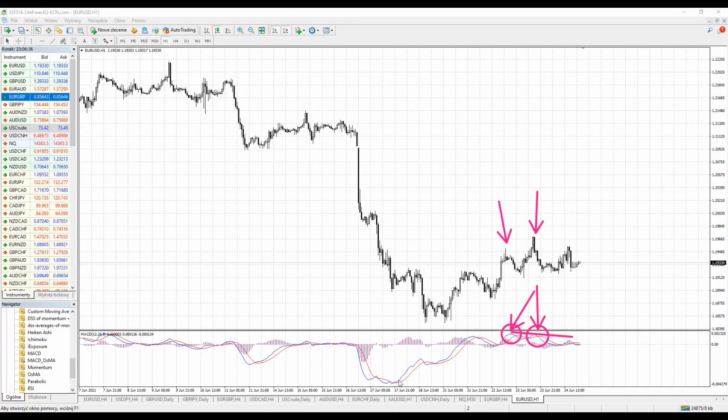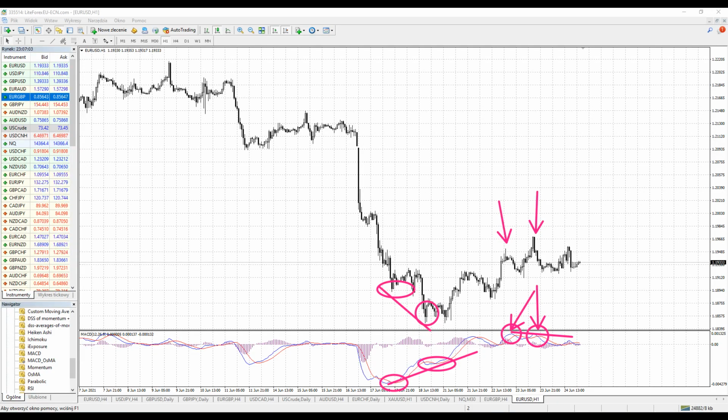Another thing is here, low, lower low on the prices, but not lower low when it comes to the MACD. So that's the divergence.